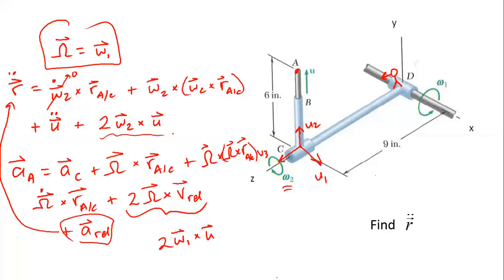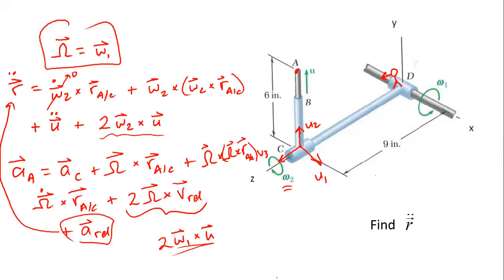You have this one up here that's really taking into account the fact that you have the omega 2 that's changing the direction of the little u. And then you have this other one down here where the omega 1 is also changing the direction of the u. So depending on where you put all this stuff in, you get the same basic thing.